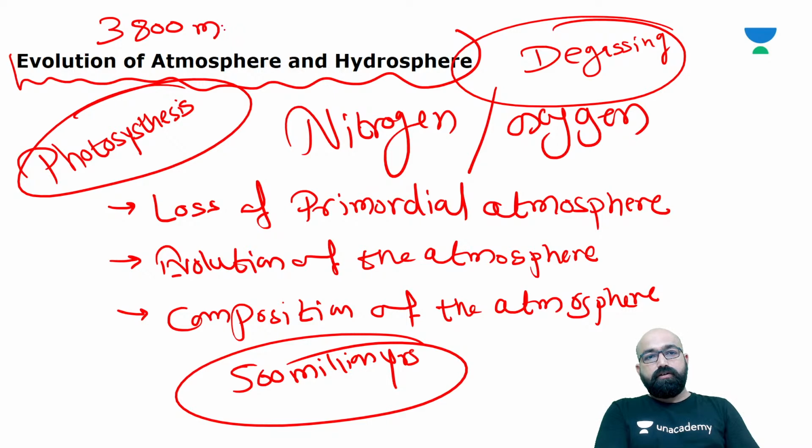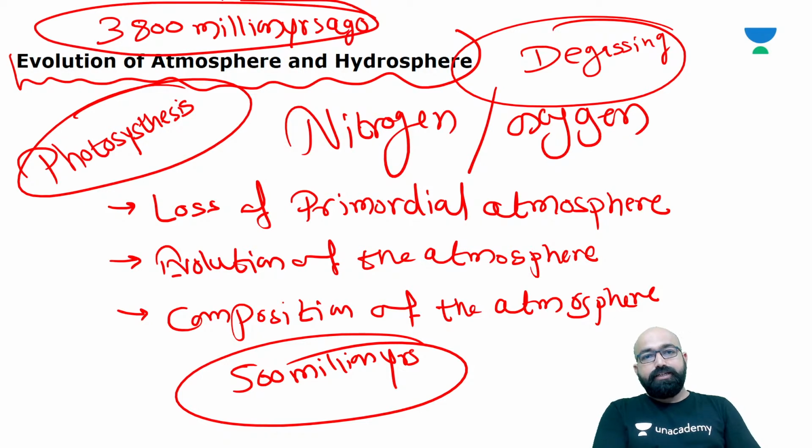3,800 million years ago, life began to evolve. Now, around 2,500 to 3,000 million years before the present, the process of photosynthesis evolved. Life was confined to the oceans for a long time.